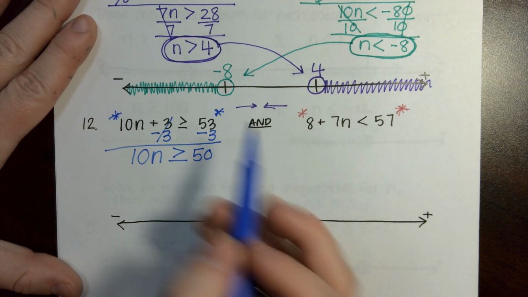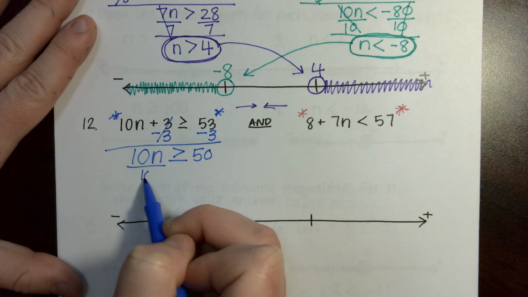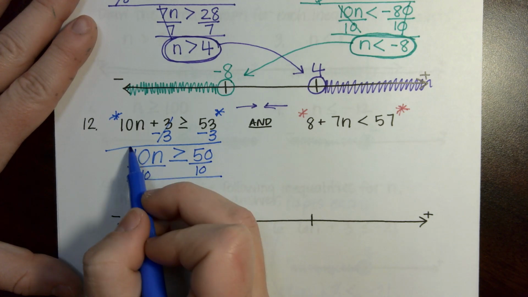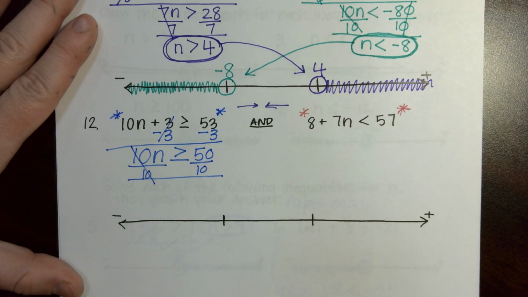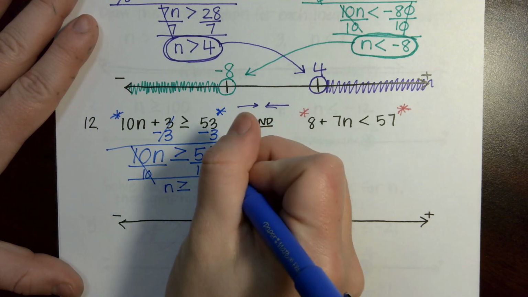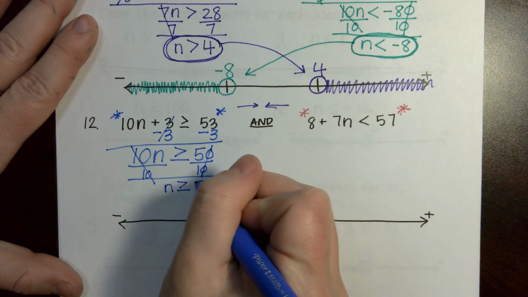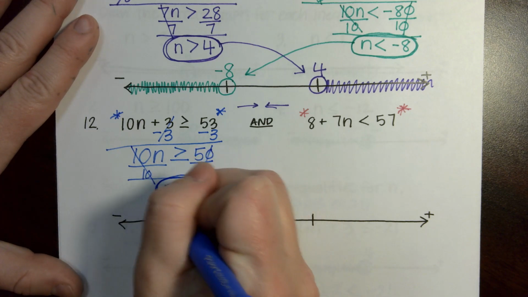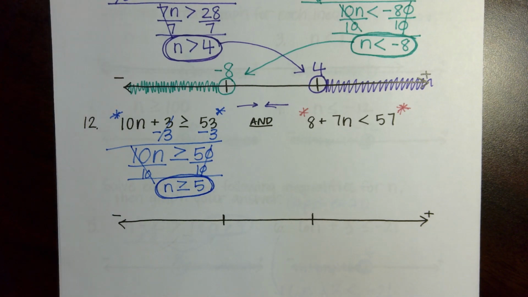Now what? Good. Divide by 10. And my 10's will cancel. So I'm left with n is greater than or equal to 5. Good. Okay, can I go ahead and put 5 on my number line?